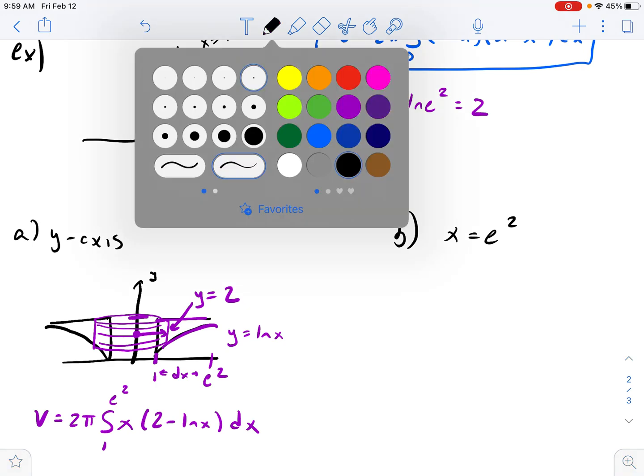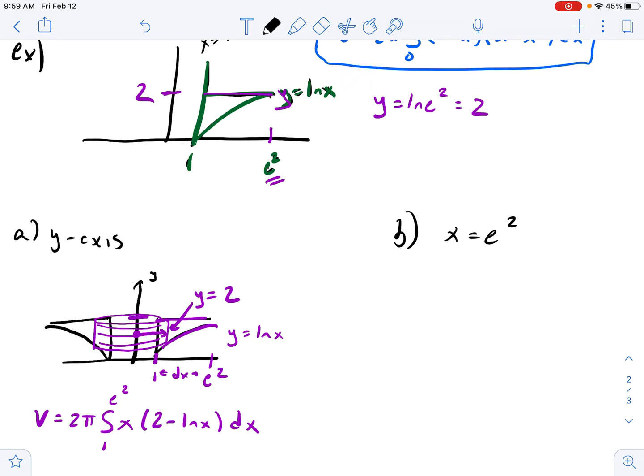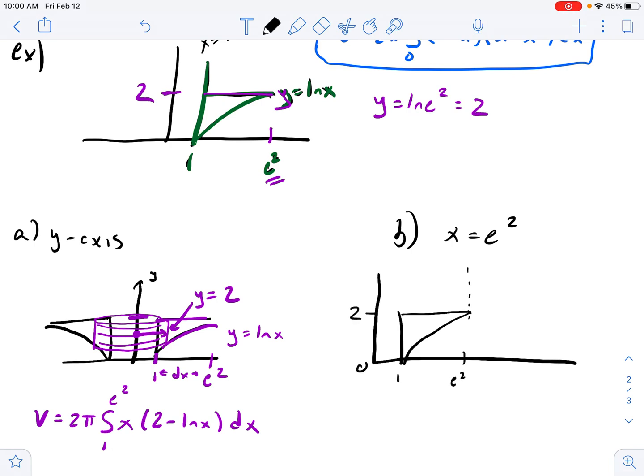Okay? And last but not least, what happens if we take the same region and revolve it to the right around the line e squared? So that's right here. Here is my mirror image. Here is a vertical slice.